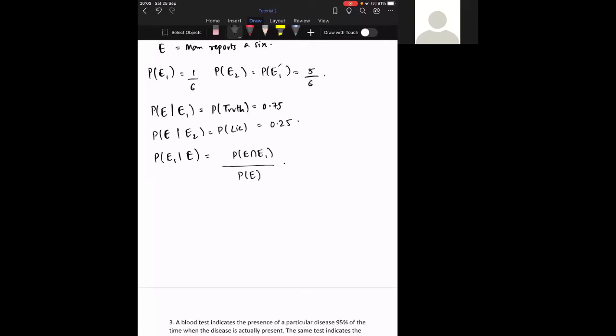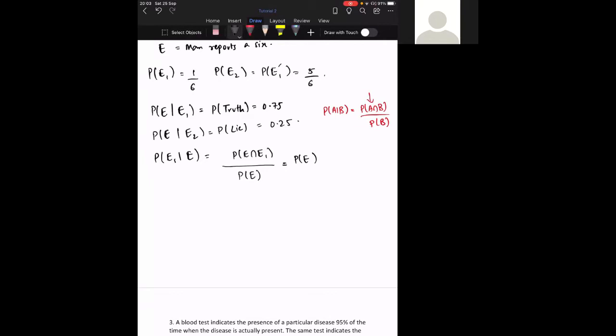Note that the conditional probability formula states that probability of A given B is equal to probability of A intersection B over probability of B. Rearranging this formula, we get an expression for the intersection, which we can now write as probability of E. No, okay, sorry.